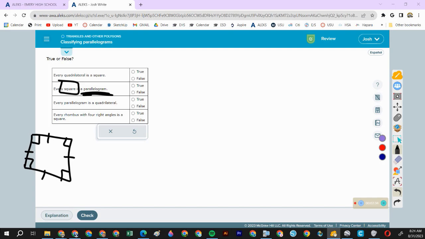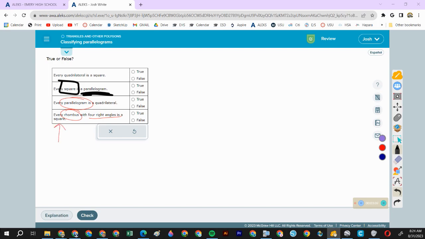Yes, it does. Okay. So a parallelogram is a 4-sided shape with 2 sets of parallel sides. Does every parallelogram fit the definition of a quadrilateral? A quadrilateral is a 4-sided object. Does every parallelogram have 4 sides? Yes, it does.